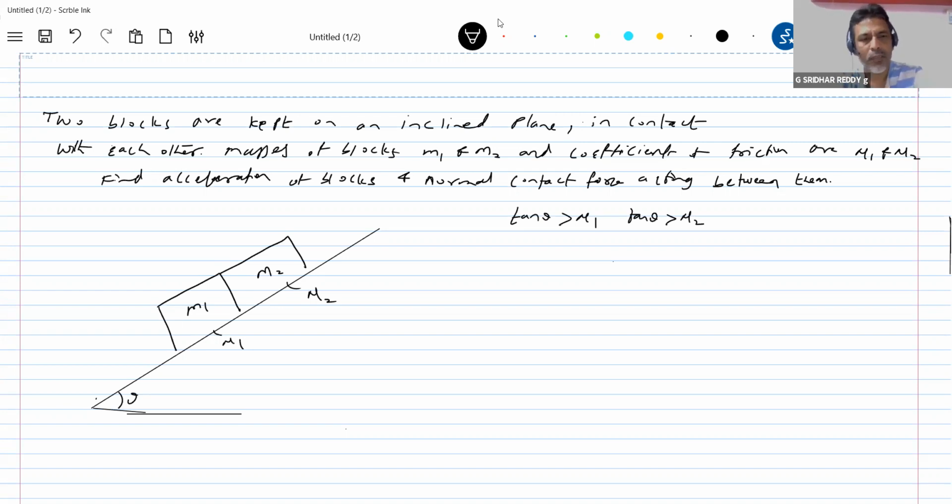Now, what are the forces that will be acting on the individual blocks? I'll show it on each block. This is M1. Here, M1g sine theta.